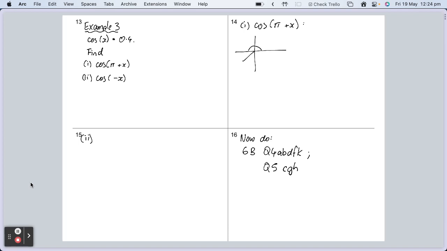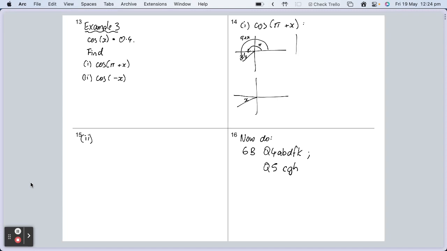Pi gets me to there, and there's the extra x. So this whole thing is pi plus x. Now, again, I wouldn't actually draw it like that. I'm trying to do it for the visual. So I would just go like this. That's all I would do for my graph.